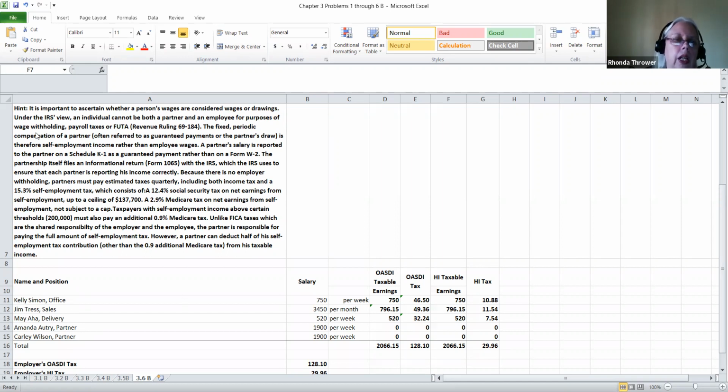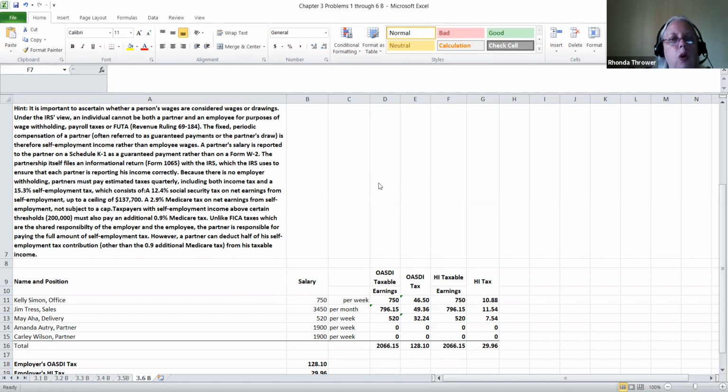they said that it's important to ascertain whether a person's wages are considered wages or drawings. If it's an owner and they're taking drawings, you don't tax them for Social Security and Medicare on a weekly basis.